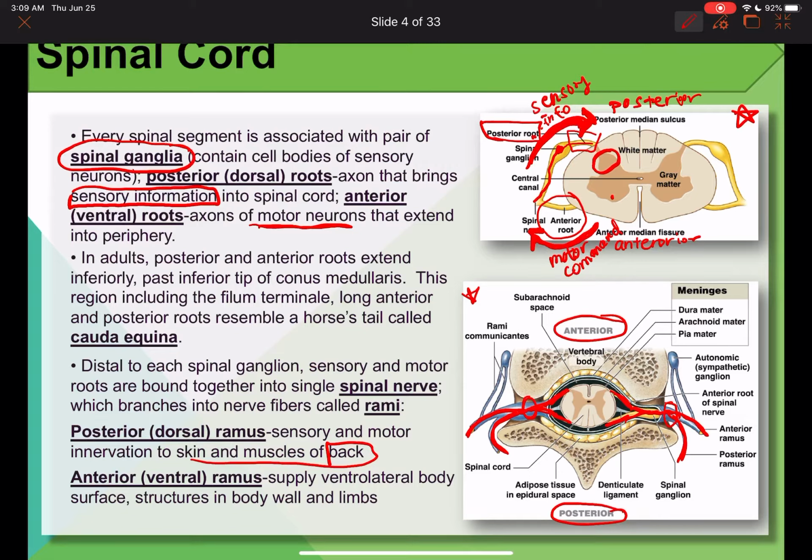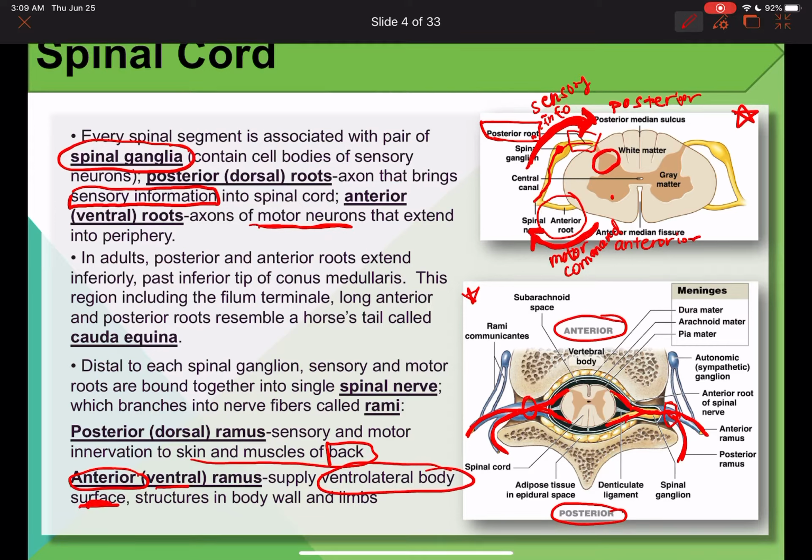Now, the anterior or ventral ramus is for innervation of the ventrolateral body surfaces, including those structures of your body walls and limbs. So anterior or ventral for ventrolateral body surfaces.